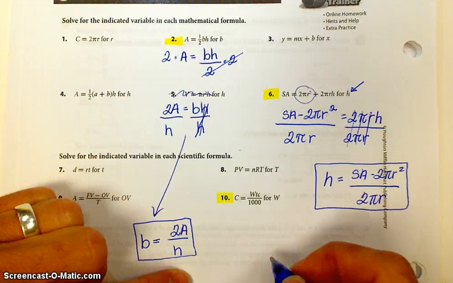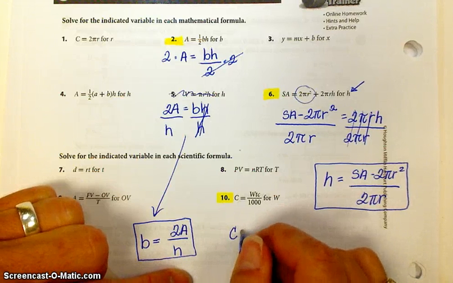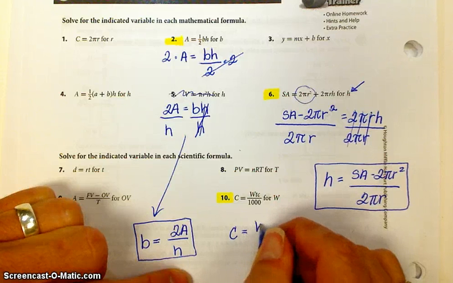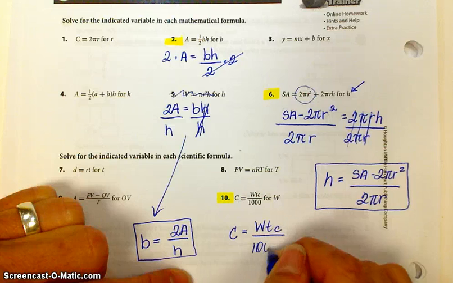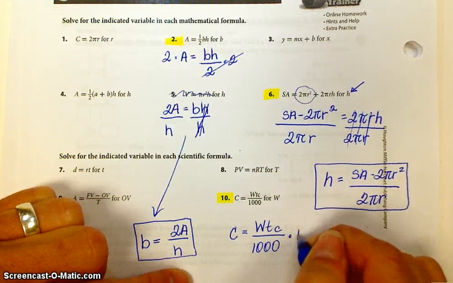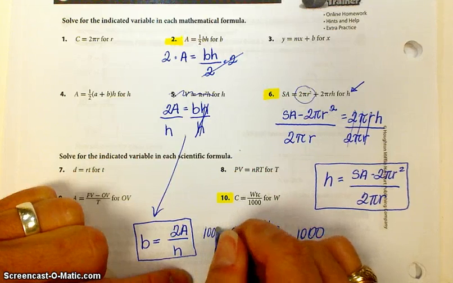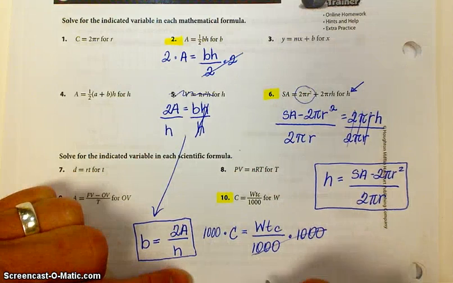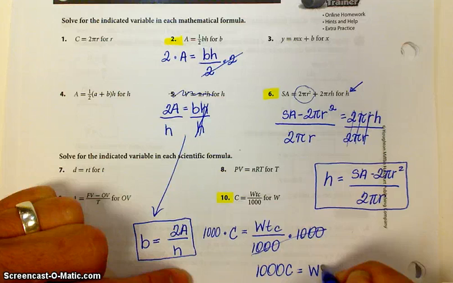And we want to solve for W. Well, the first thing that we need to do is get rid of the denominator. So I'm going to multiply both sides of my equation by 1,000. When I do that, I have 1,000 capital C equals WTC.